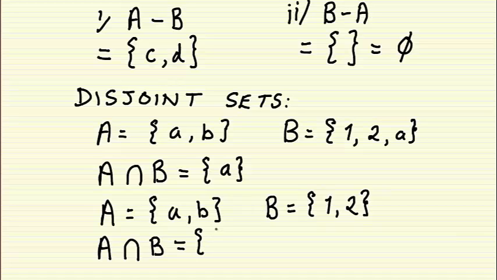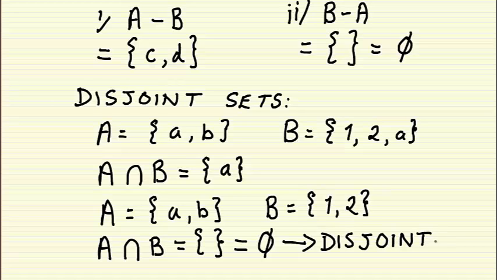None exist. So in this case, we have the empty set as the resultant set. So if the intersection of two sets results in the empty set, we say that these sets are then disjoint. In the first case, not disjoint.